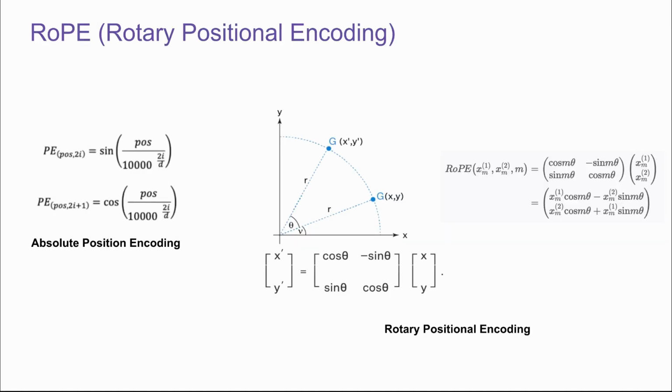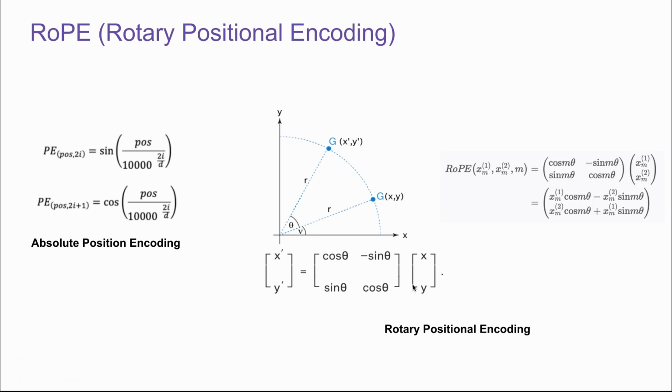Okay, so before I dive into the multi-head latent attention, I want to talk a little bit about another concept, which is rotary position encoding, RoPE. Previously in my transformer series, I talked a little on the absolute position encoding, which is here. If you need more details, take a look at my other videos.